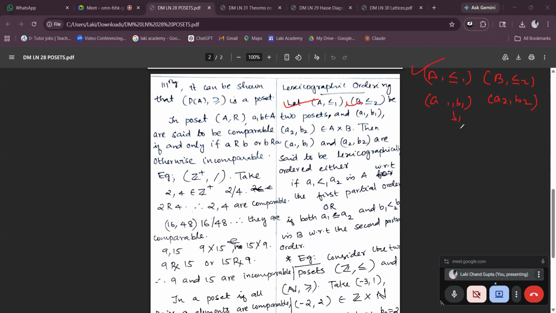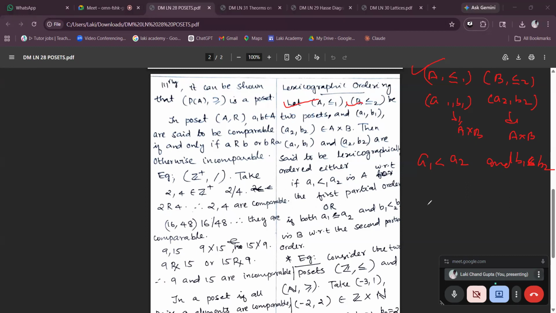This is what? It belongs to A cross B, Cartesian product. Understood? This is also a product of A cross B. These are said to be lexicographic if a1 is less than a2, right? And b1 is less than b2. Understood?